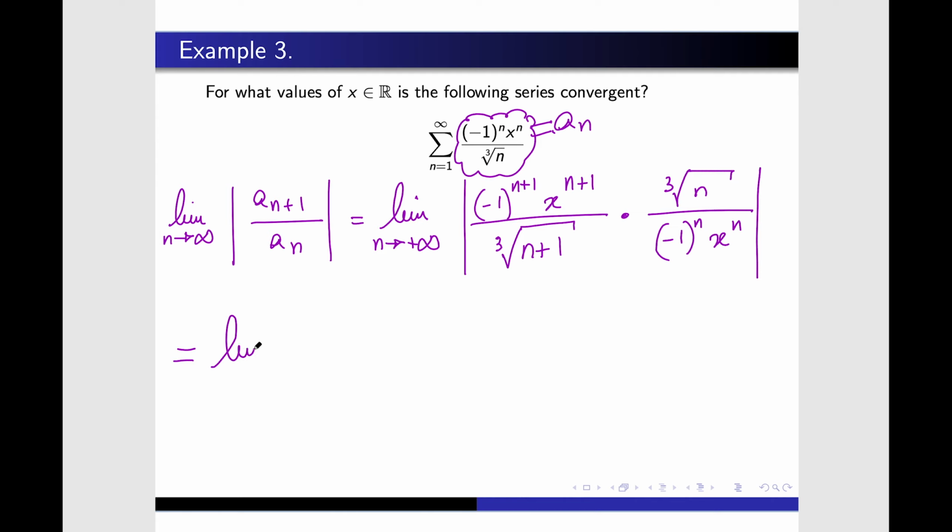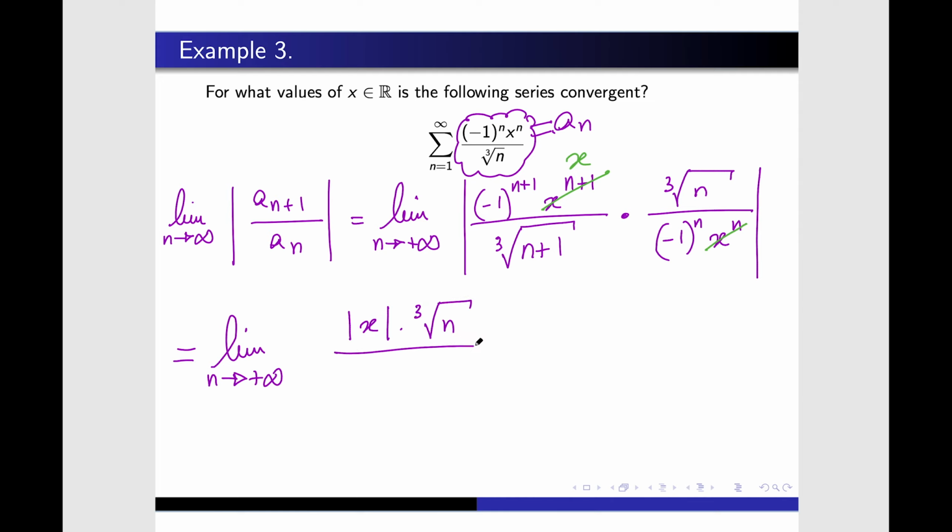Let's try to simplify now. Don't worry about these minus 1s because inside the absolute value they evaporate, right? In terms of x, how many x's do I have? If you simplify x^(n+1) with x^n, we get x, right? And these guys we cannot simplify, so they are what they are. So this is going to be the absolute value of x times the third root of n over the third root of n plus 1.